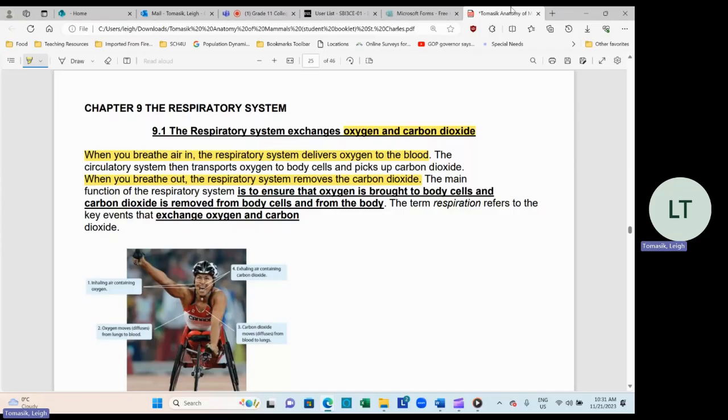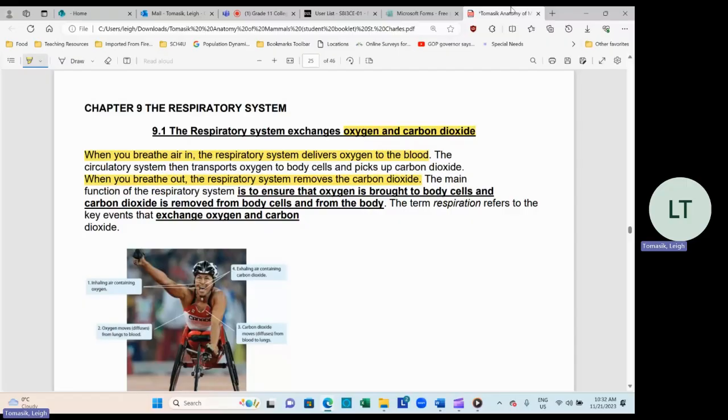So the goal of the respiratory system is to exchange oxygen and carbon dioxide. When you breathe air in, the respiratory system delivers oxygen to the blood, right? So once the oxygen is in the blood, the circulatory system takes over and it transports oxygen to the cells around your body and it picks up carbon dioxide from those same cells.